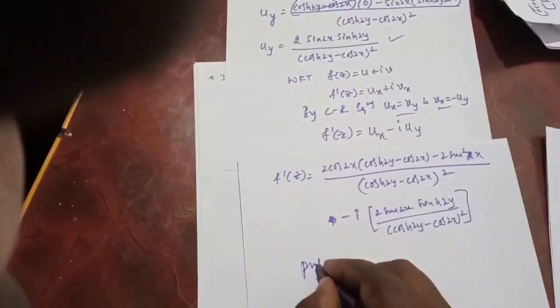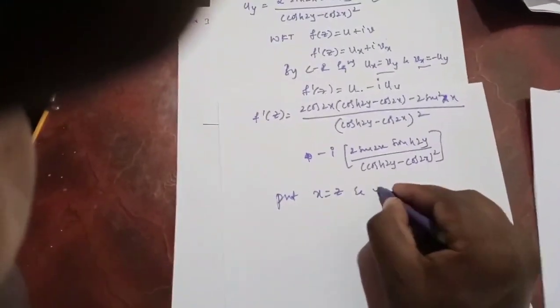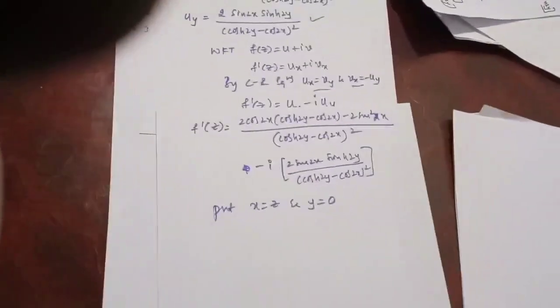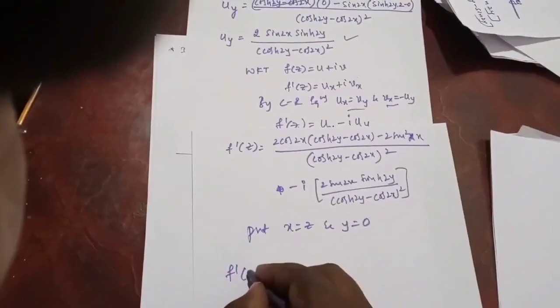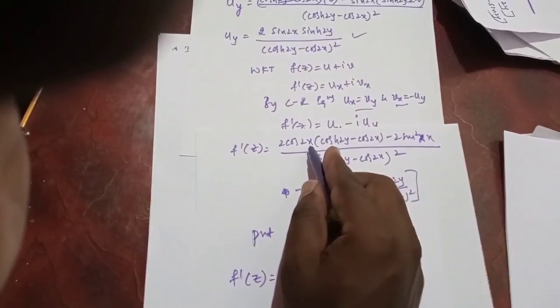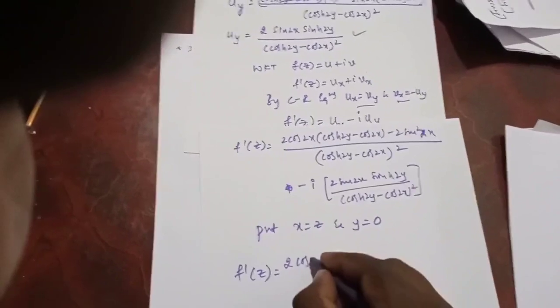By Milne-Thomson substitution, put x equal to z and y equal to 0. If we substitute x equal to z, 2 into cos 2z.